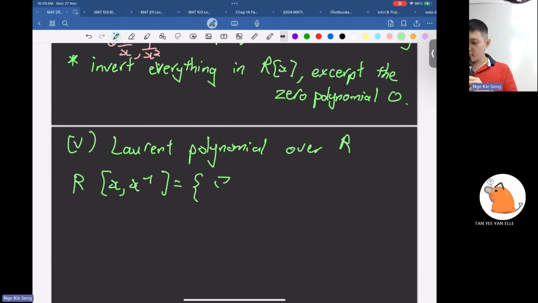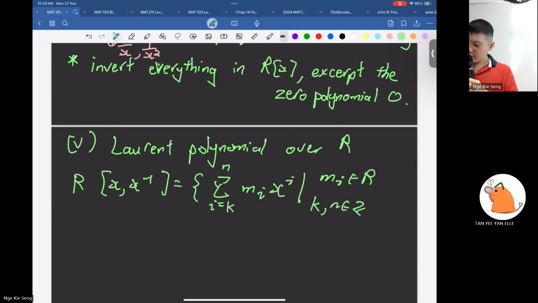So I include finite linear combinations with negative degree. Let's call the power of x the degree of x, positive and vice versa. So we include negative powers, x inverse.